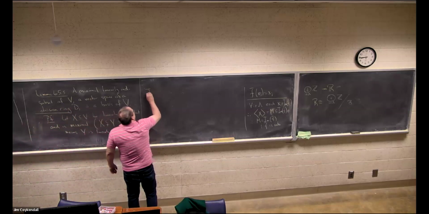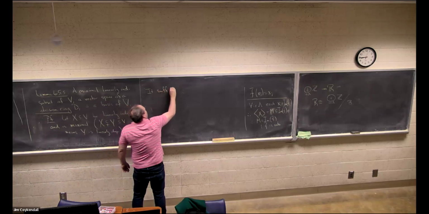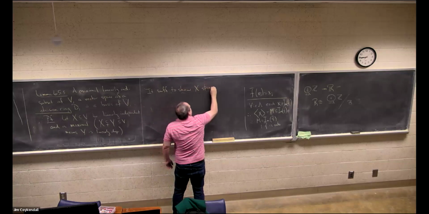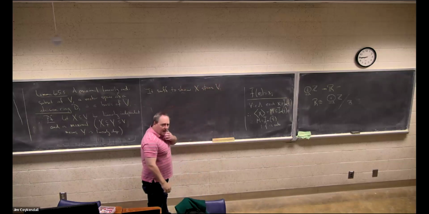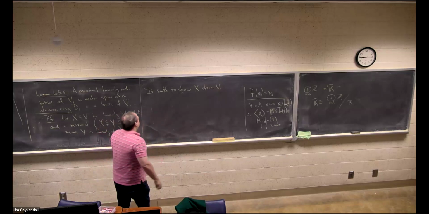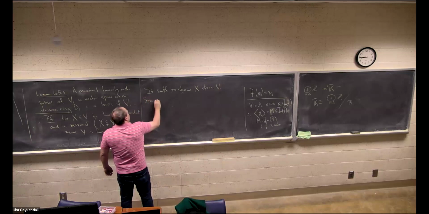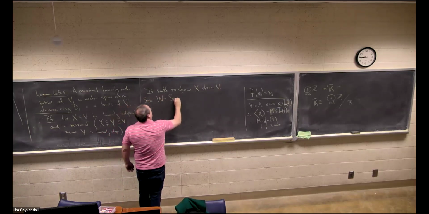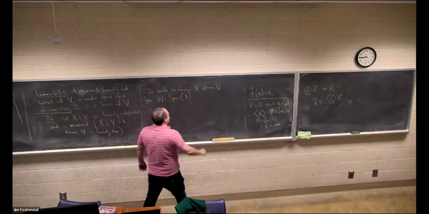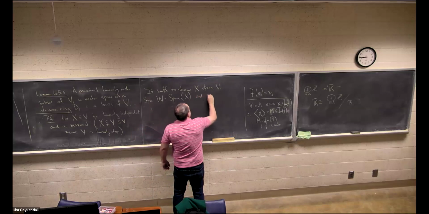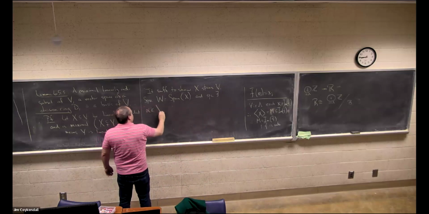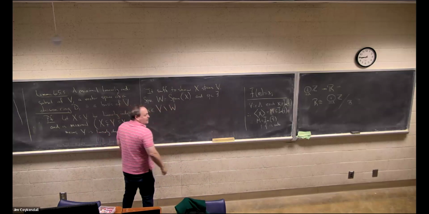So it suffices to show X spans V. Well, to this end, let's suppose W is the span of X, and suppose there exists something alpha in V that's not in W.